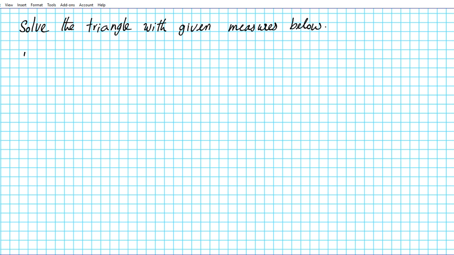Let's say we have little c is equal to 28, big B, angle B is 87 degrees, and little a is 17.